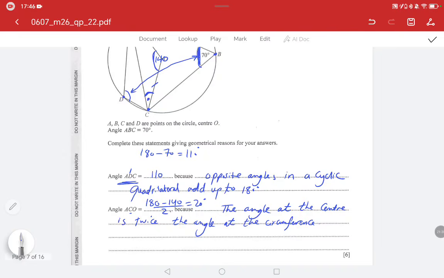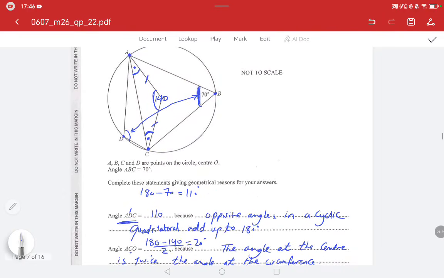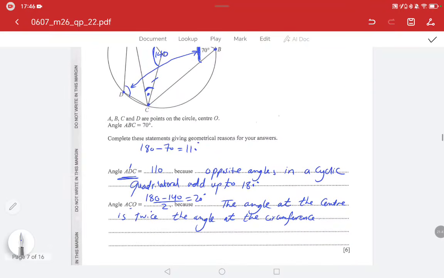Okay, and the triangle what we have, this triangle ACO, is isosceles, right? Because you have two sides that are the same.